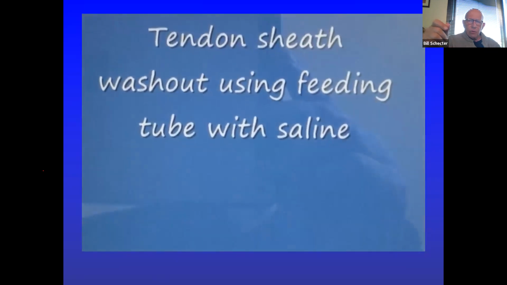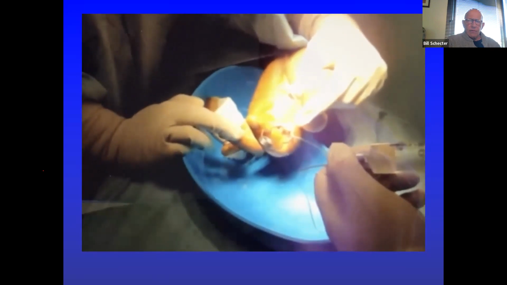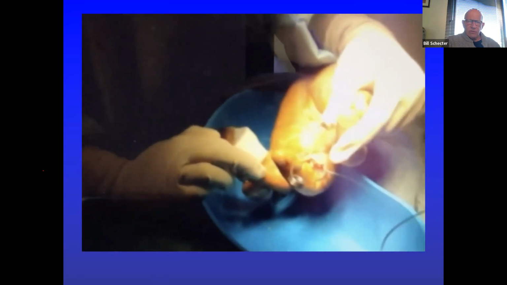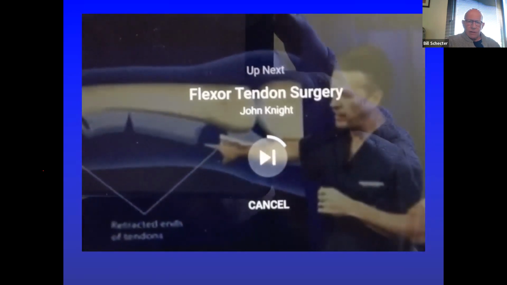Usually you open the sheath with a little knife. So here they're putting the infant feeding tube in the sheath and irrigating. And you can see it's hard to actually see what they're doing, but I just want you to get an idea of it. And that's the end of that.